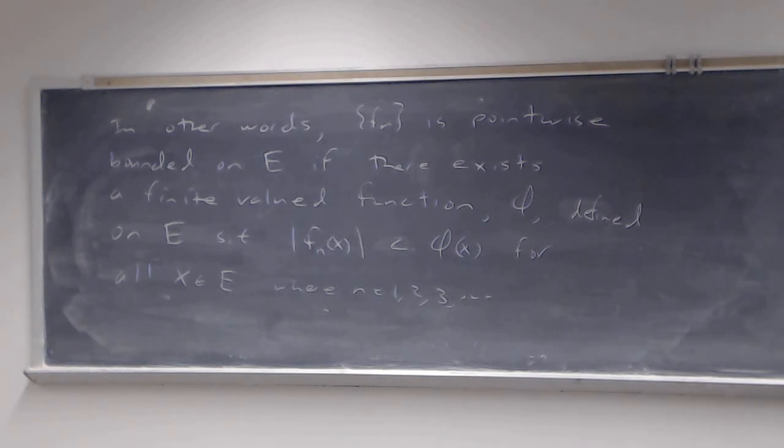For the uniform, there's one bound that works for all x. I want to stress that: for pointwise convergence, there was an n that worked for each x. For uniform convergence, there was one n that worked for all x's.